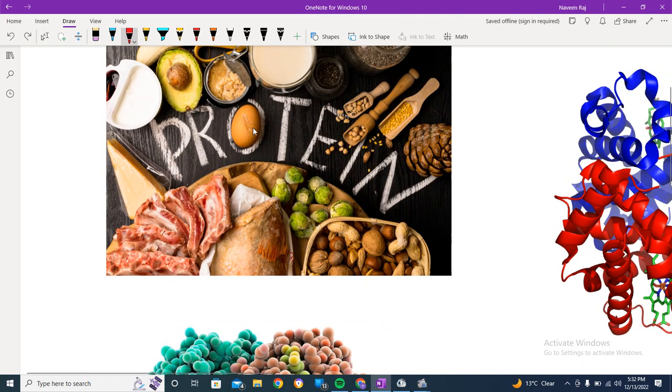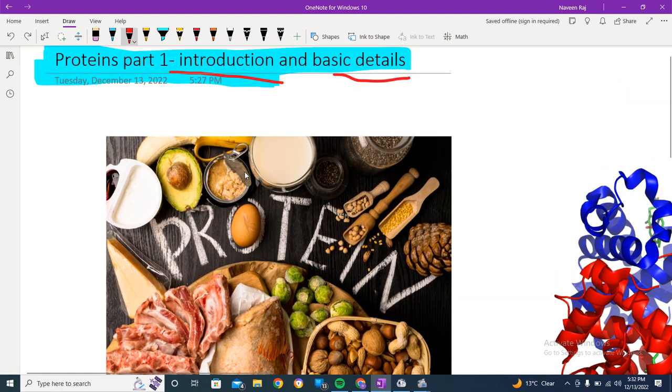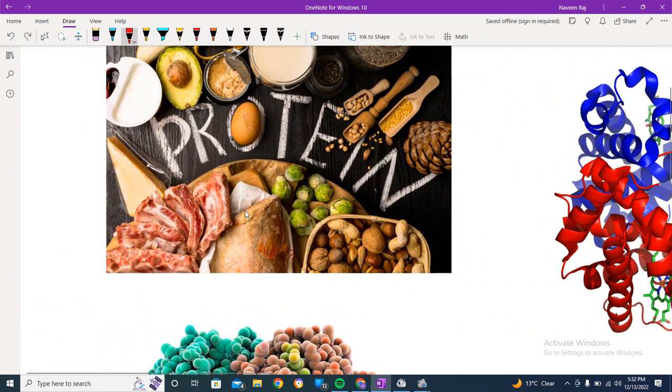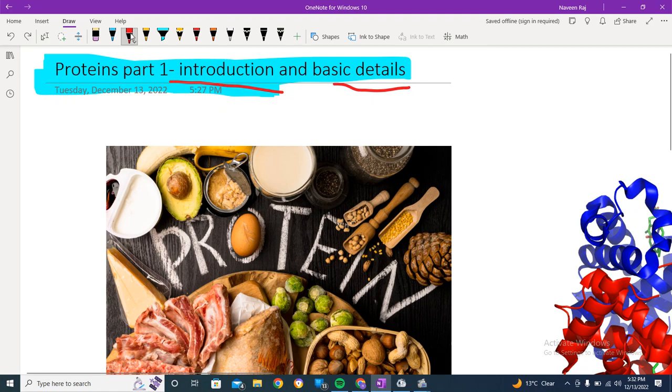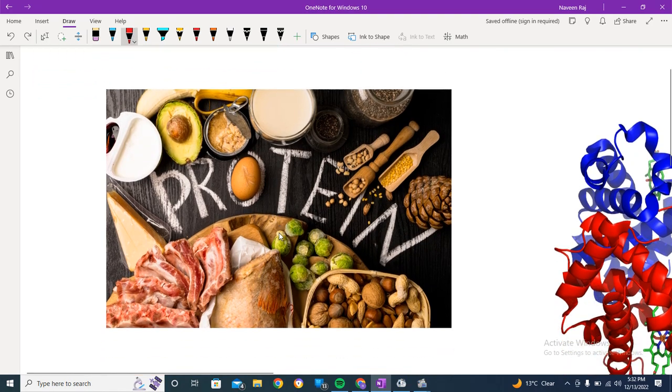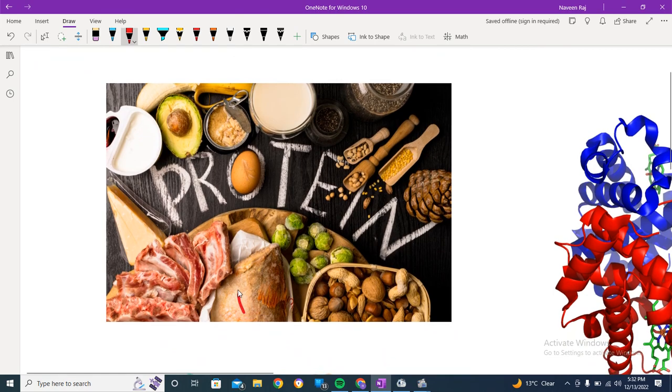Over here you're going to find this egg, and in this egg you'll find protein. Similar sorts of foods: we have fish, we have some meat, red meat, and we have some nuts and a variety of dry fruits, and we have some fruits as well.